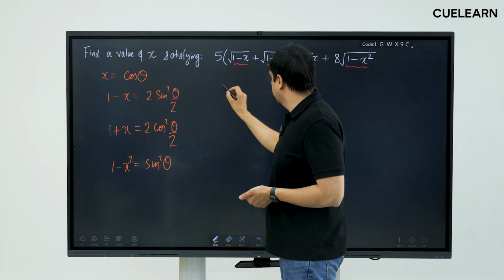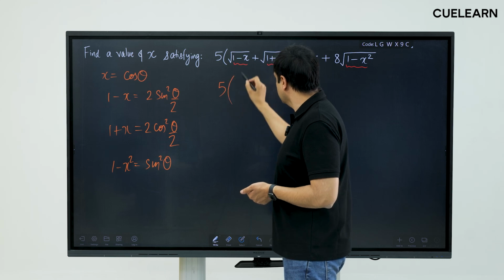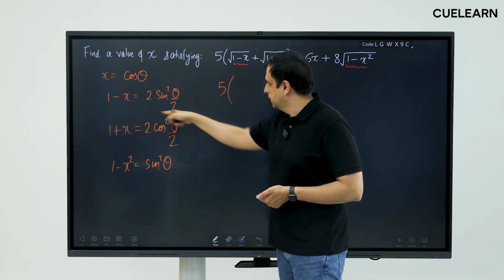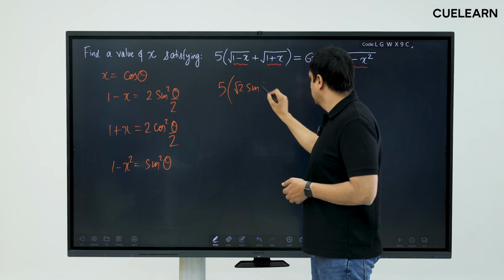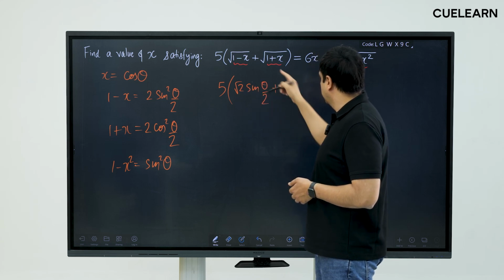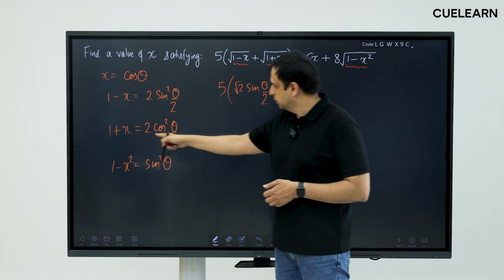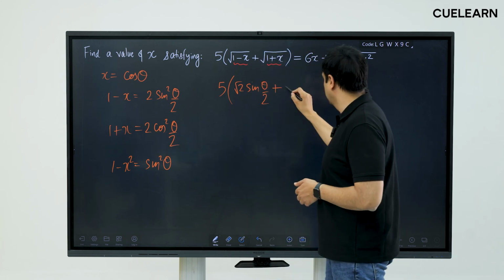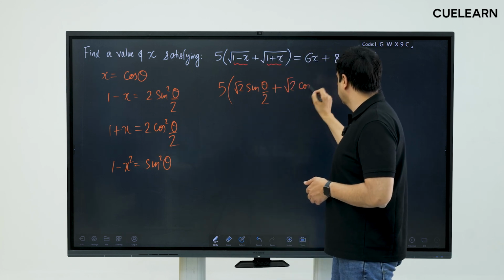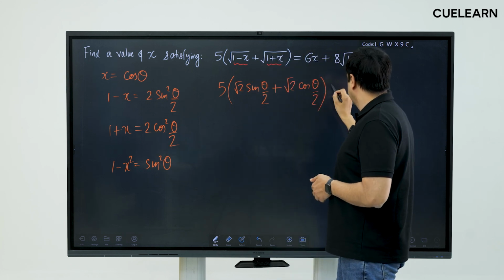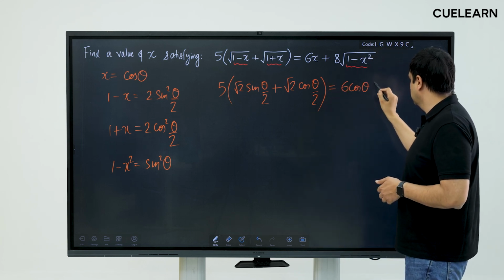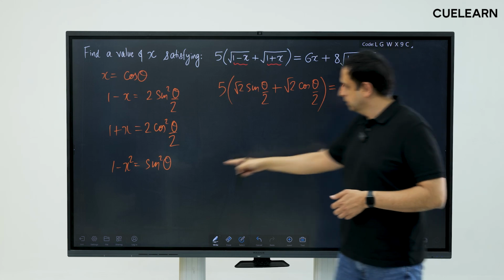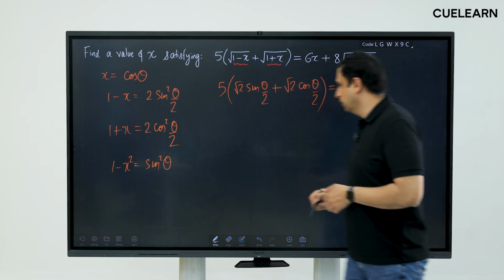So what we get then is 5 times root of 1 minus x, which is root of this term, which will become root 2 times sine theta by 2, and then you have root of 1 plus x, which will be root 2 cos theta by 2, is equal to 6x, which is 6 cos theta, plus 8 times root of sine square theta, which is sine theta.